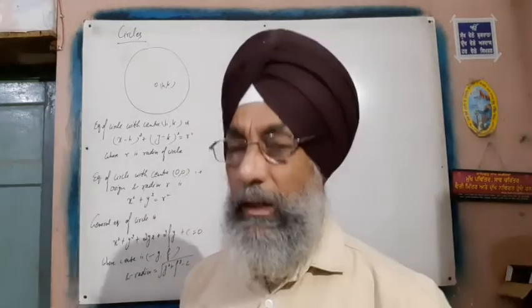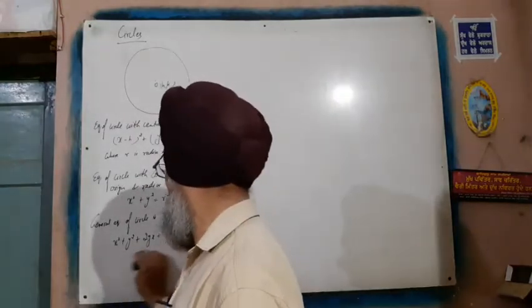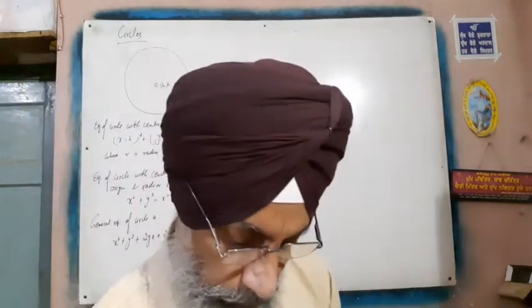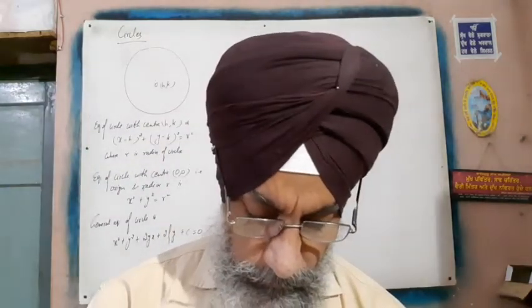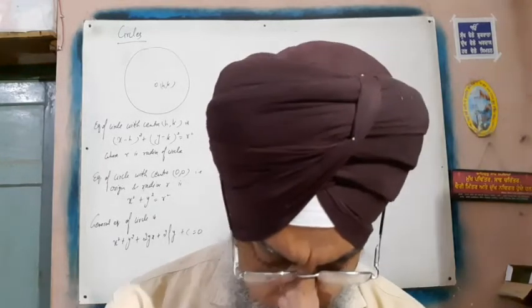You don't have to apply this here, so I am rubbing it out. That's the general equation of a circle. Now we have to perform the questions based on this. Let us see the exercise given on this concept.